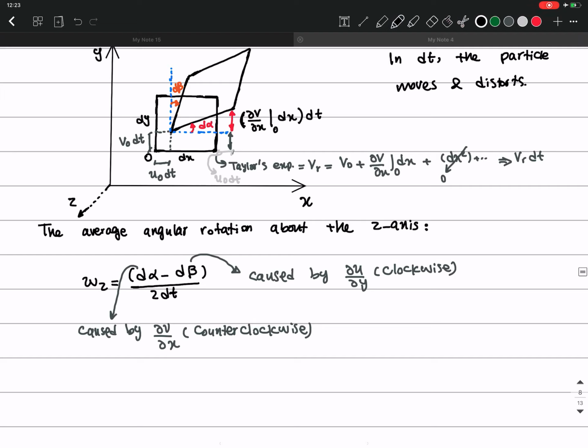And if we want to say what dα is, we can approximate it, because we can assume it is pretty small since dt is small. So we can approximate it with tangent of dα. What is the tangent of dα?